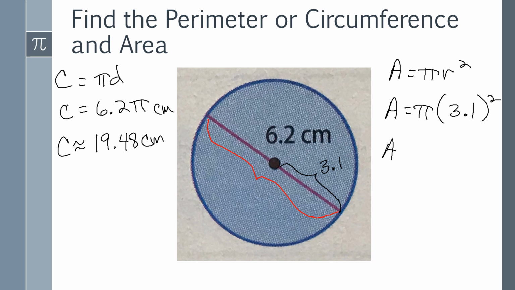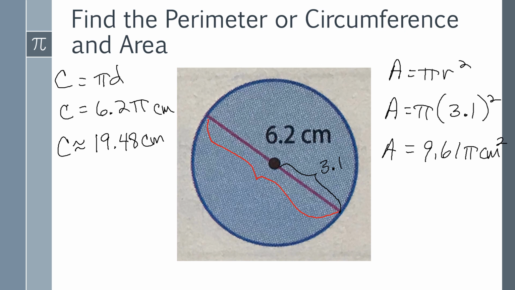So the area is 9.61 square centimeters. Oops, nope, it's not. Why? I forgot pi. Pi centimeters squared. Now we're good.